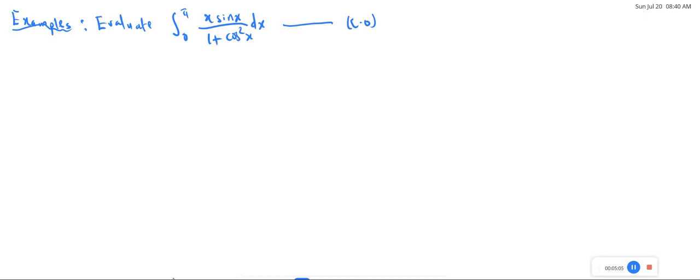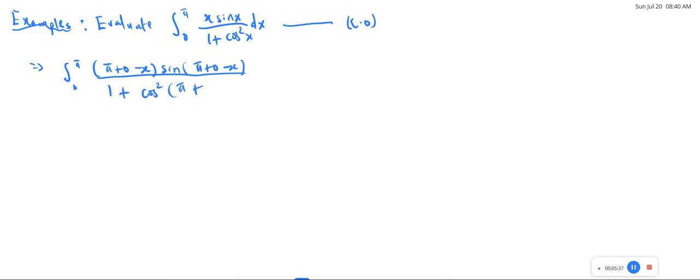Then if we want to make use of the King's identity, according to the theorem, we are going to have integral from 0 to pi of, so that will be pi plus 0 minus x, multiplied by sine of bracket pi plus 0 minus x, then everything over 1 plus cos squared of pi plus 0 minus x dx.